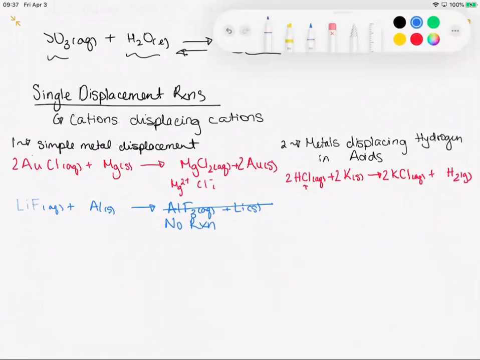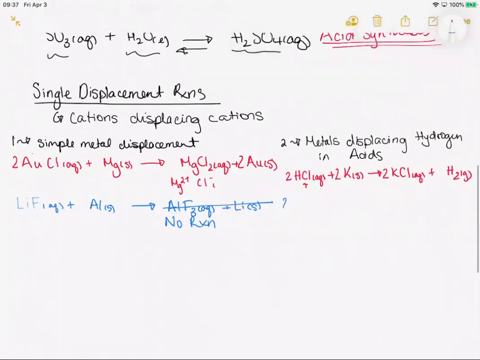Let's look at an example of one that isn't able to do it. I'm still working with hydrochloric acid, but let's take something that we wear, silver. There's a reason why we wear silver and gold: it's all the way at the bottom of the reactivity series and doesn't react with much.